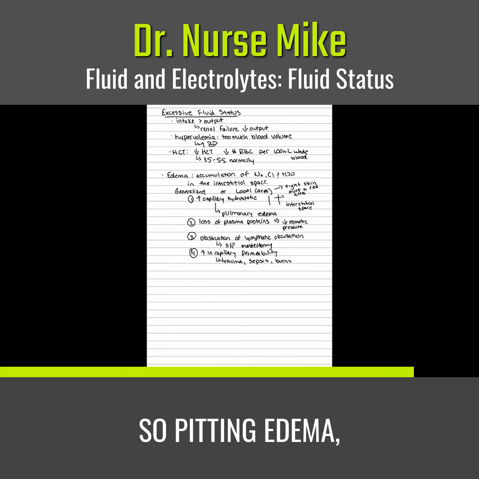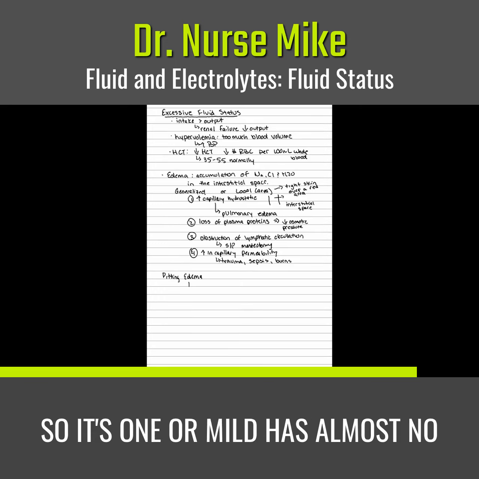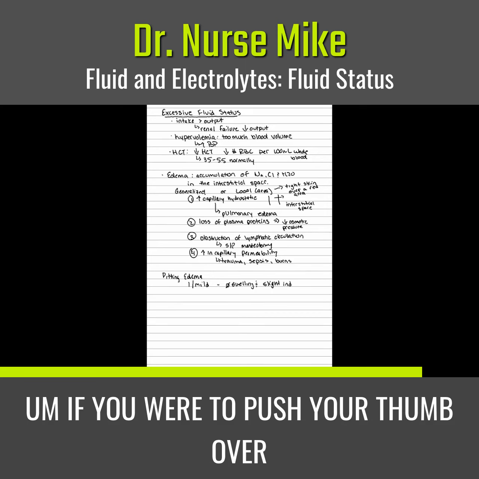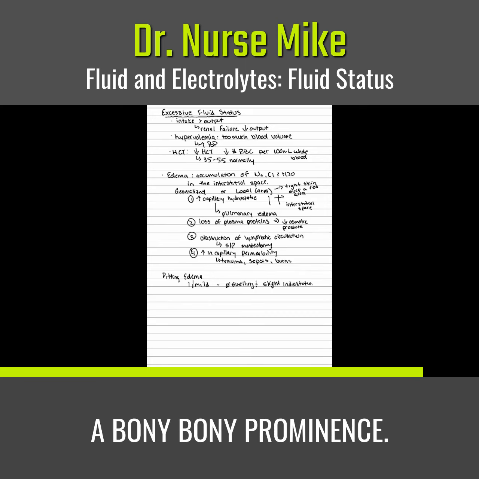Grade 1 is the least, or mild, with almost no swelling and just a slight indentation if you were to push your thumb over a bony prominence.